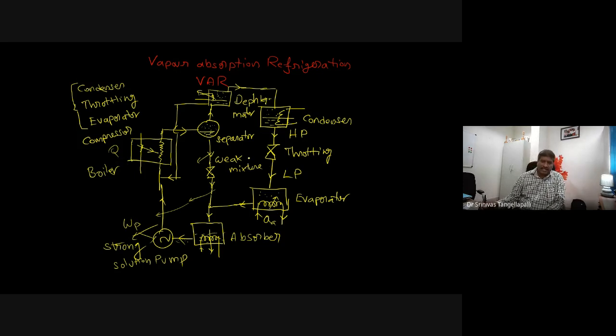Mainly the driving force is the pump, and the mixing process as well as the separation process also thermally create some drive. That's why a very low capacity vapor absorption system without a pump is also possible. That is a complex vapor absorption system that we can see at the laboratory level. It is a very small capacity.